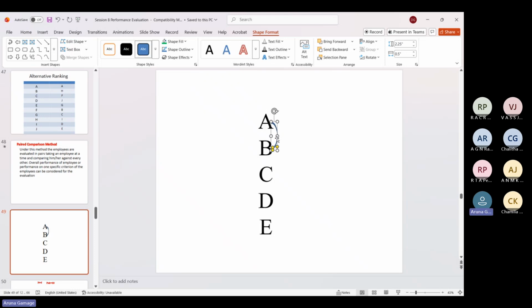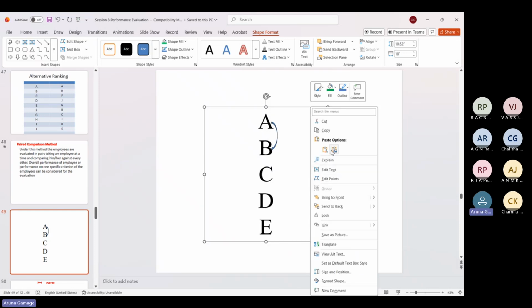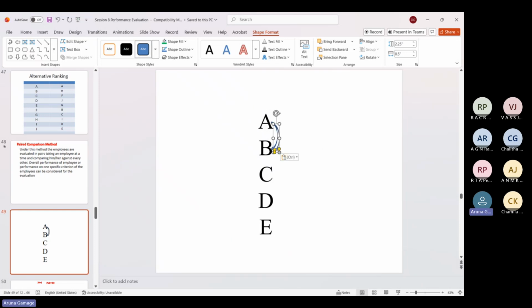For example, if B is the best, I give 1 mark for B, not to A. Then I compare A with C. Best one may be A or C. For example, A is the best, so I give 1 mark for A.